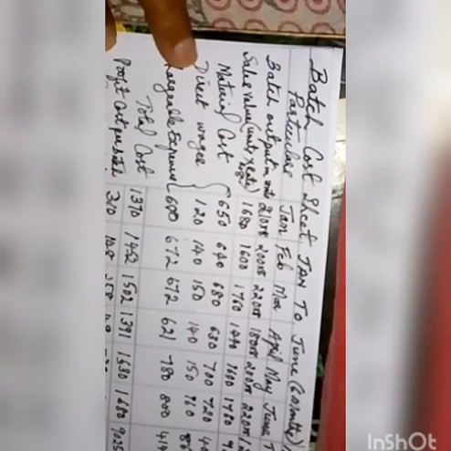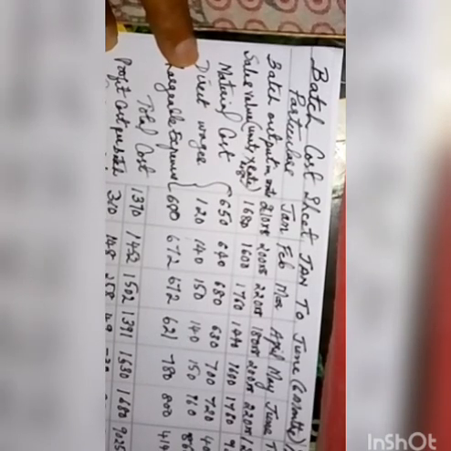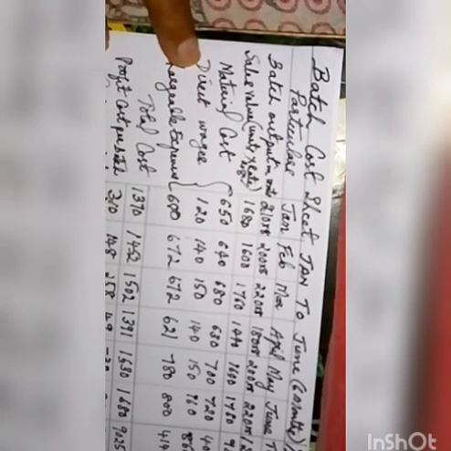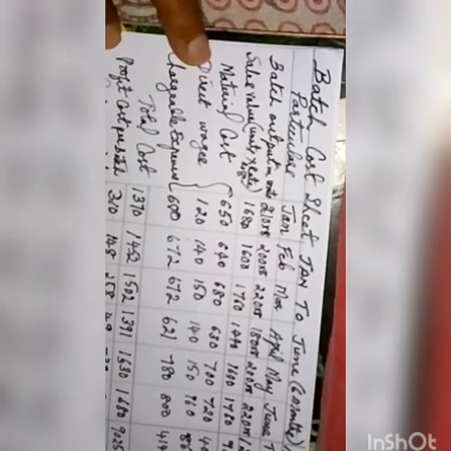Here it is total cost, and next we are calculating the cost per unit. Take the cost divided by number of units produced, we get per unit cost. Then we have to calculate the profit. Profit is given batch wise, profit divided by number of units, we get per unit profit accordingly.